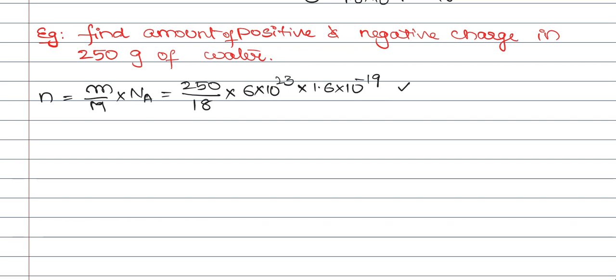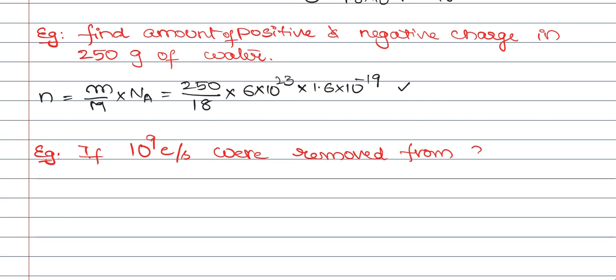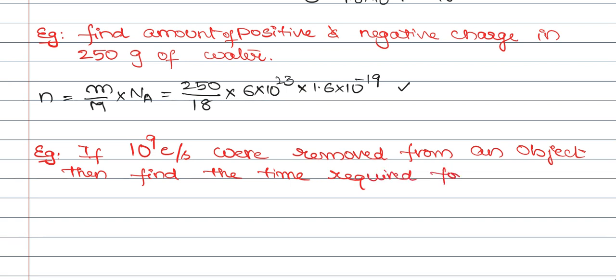And another interesting question will be there. Just look at this example. If 10 power of 9 electrons per second were removed from an object, then find the time required for that object to acquire 1 coulomb of charge.